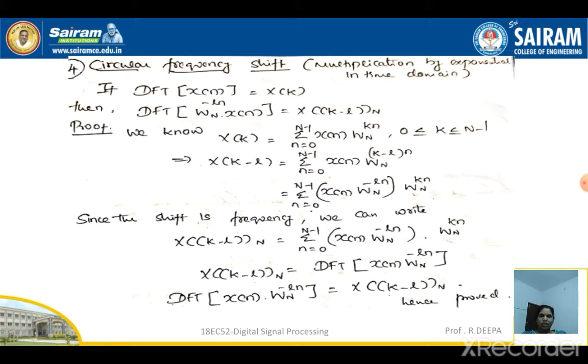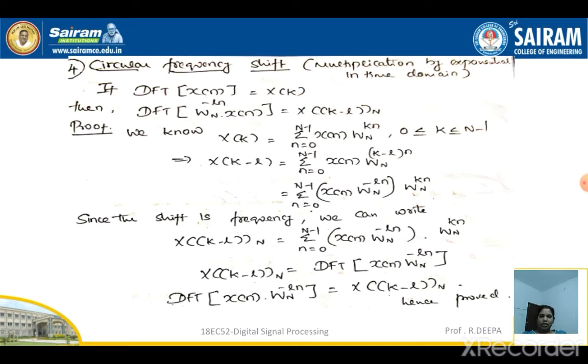If you observe the right hand side of the expression, we can segregate it as the DFT equation. As we know, the DFT expression is summation 0 to N minus 1 x of n into W_N power of kn. And here x of n is replaced with x of n into W_N power of minus ln. Hence, the right hand side expression can be written as DFT of x of n into W_N power of minus ln.